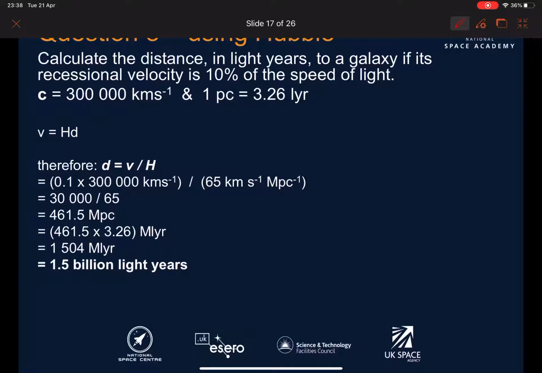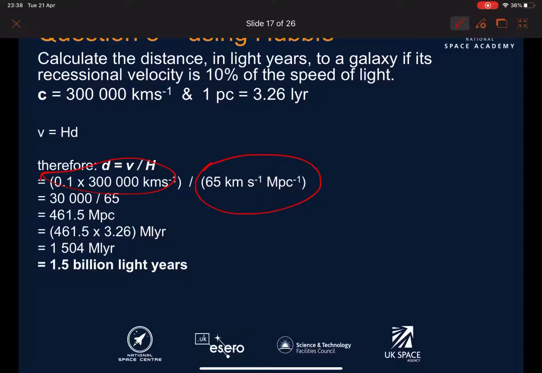So the Hubble equation, really very simple, isn't it? We're just going to put in V as being 10% of the speed of light. We are going to use our Hubble constant here. And that will enable us to calculate D.